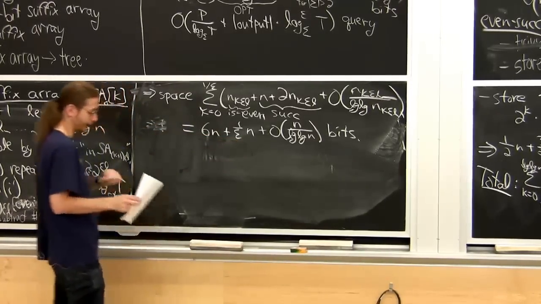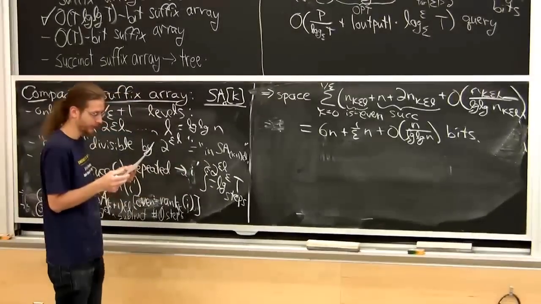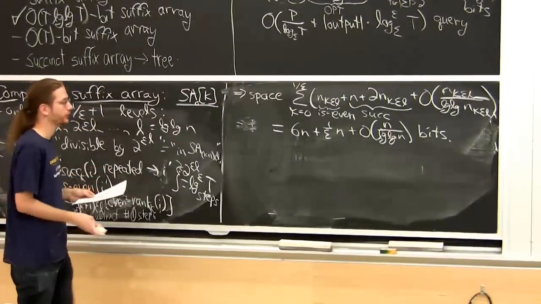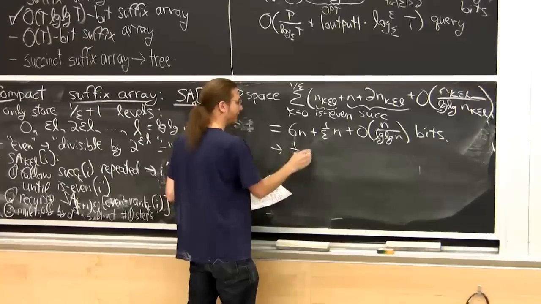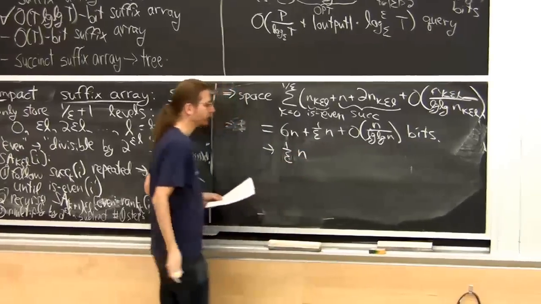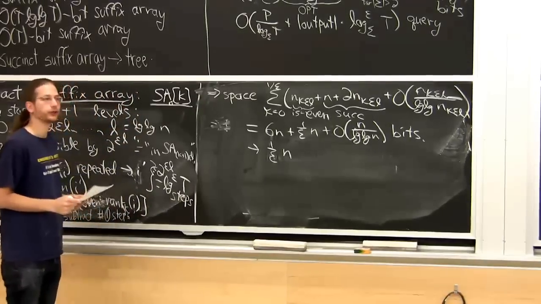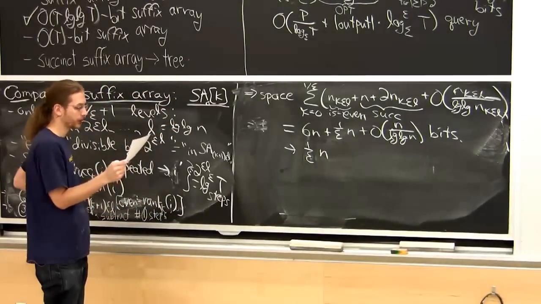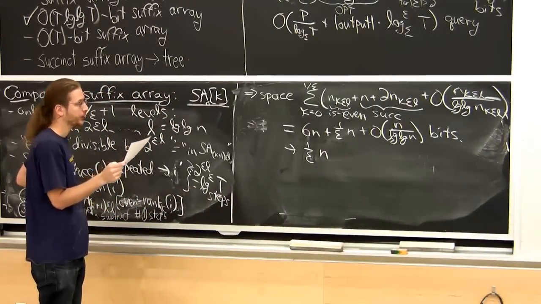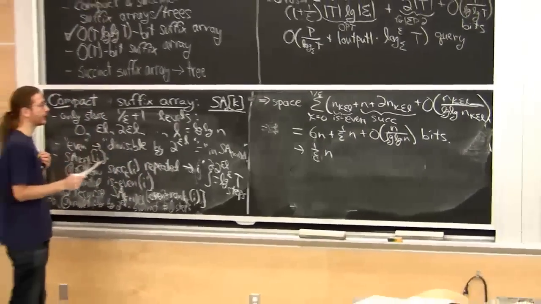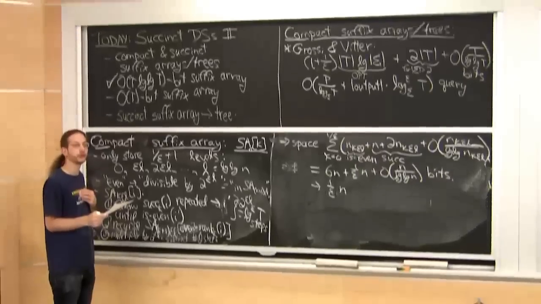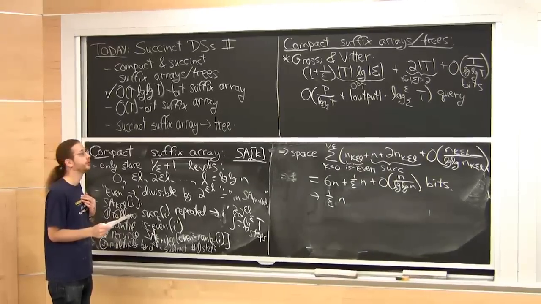Okay? Kind of running out of time. I'll just tell you, you can tune this to 1 over epsilon n plus the little o with 2 very simple tricks, 2 simple observations. The first one is the successor structure, at level 0, there's nothing to do. Why?